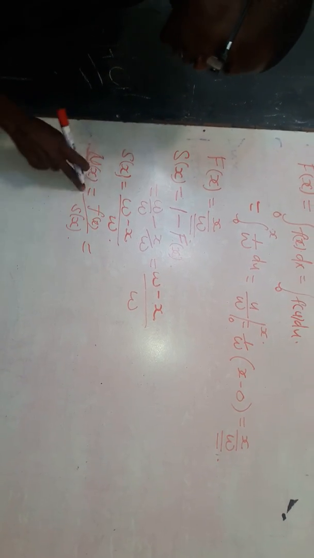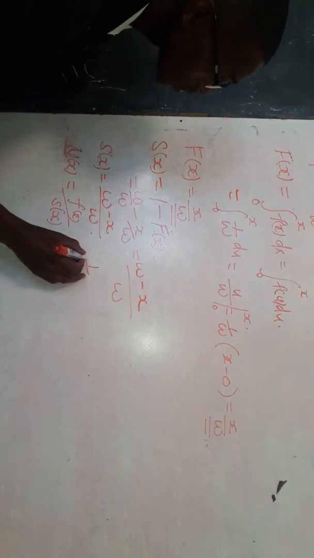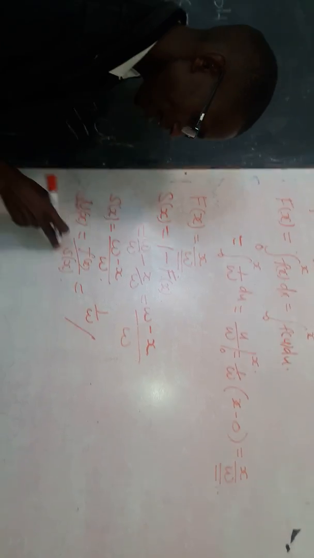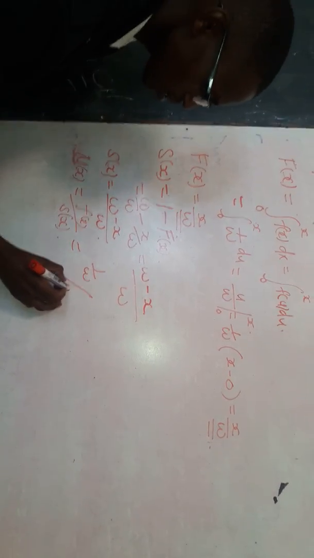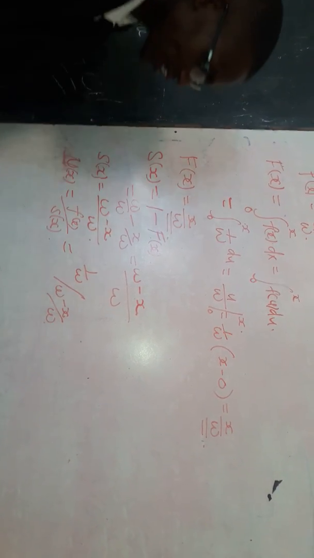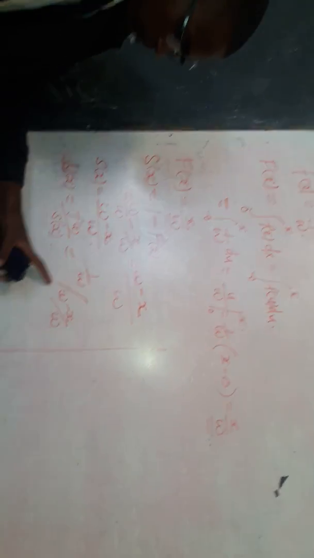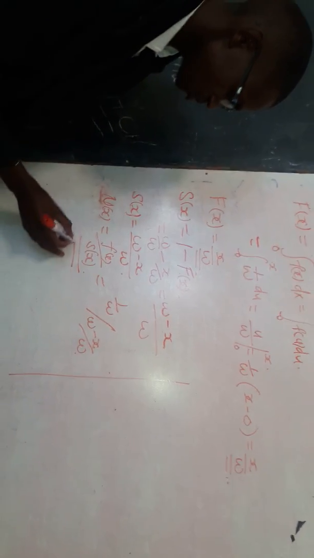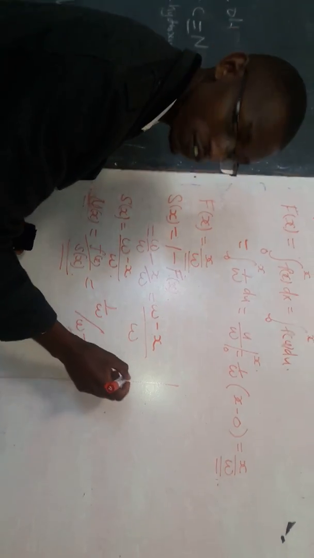We found f of x to be 1 over omega, and we want to divide by the survival function, which we found to be omega minus x over omega. That takes us to the next step, using this relationship to find the force of mortality mu of x.